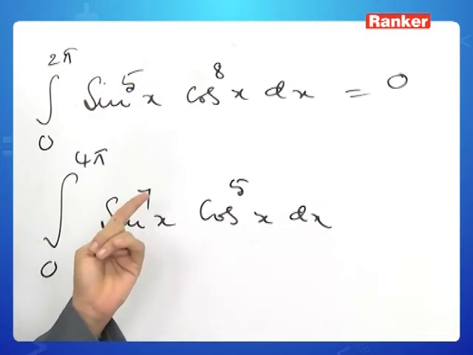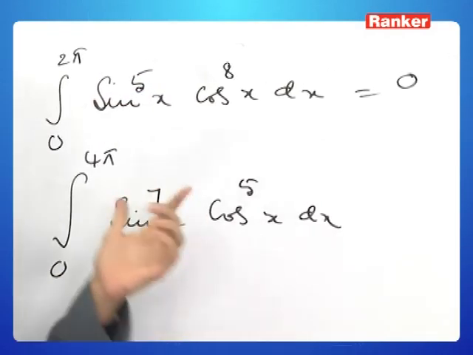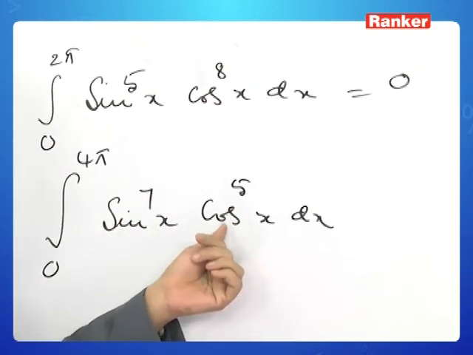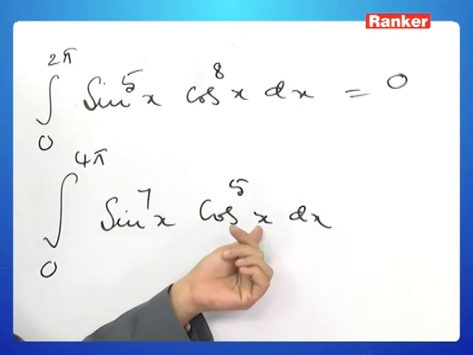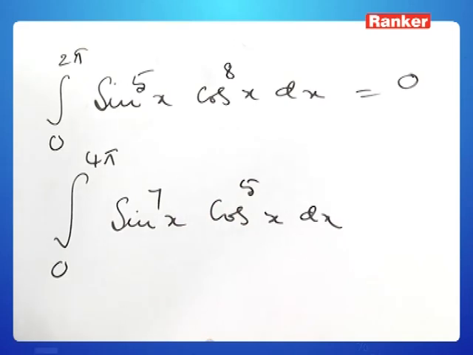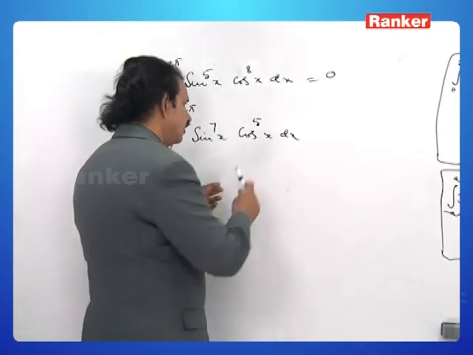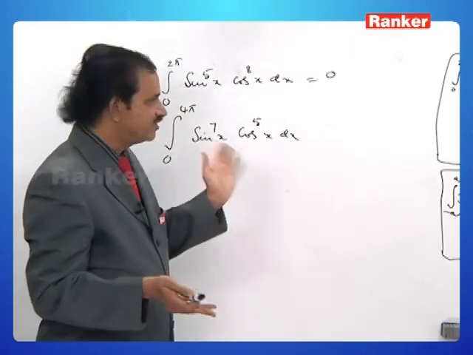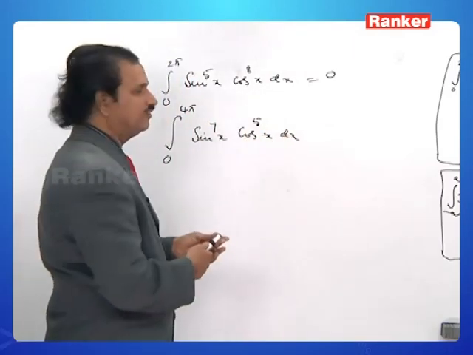Negative power 7, minus sin x whole power 7, minus sin power 7x. Wait. Here, cos of 4 pi minus x is positive. Positive power 5, so it is also positive. Negative number into positive number? Negative number. It changes its sign. Hence the answer is 0.